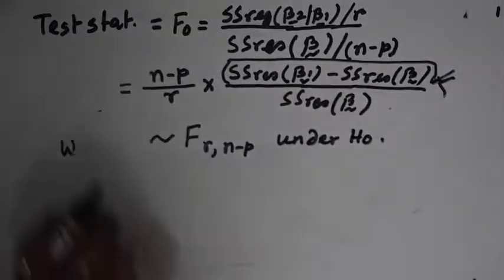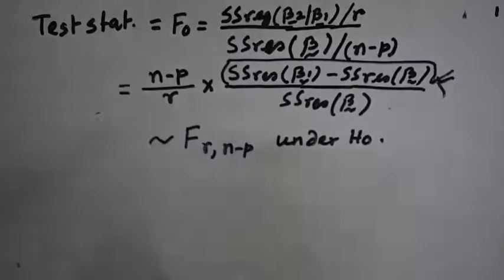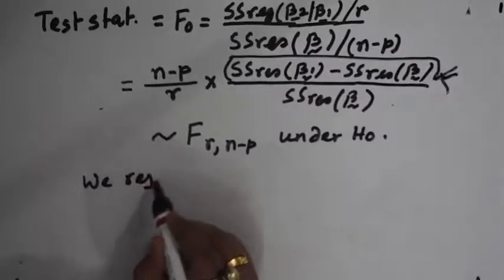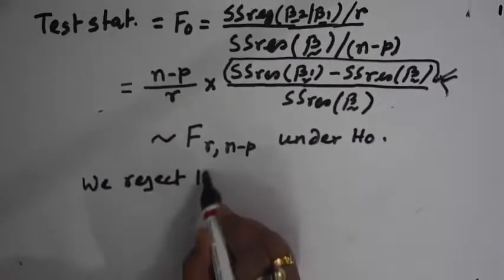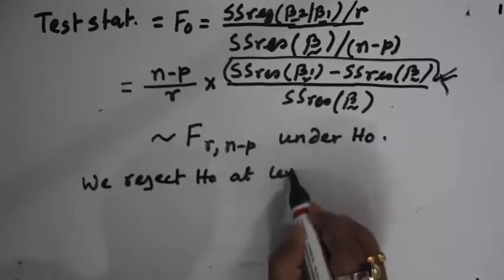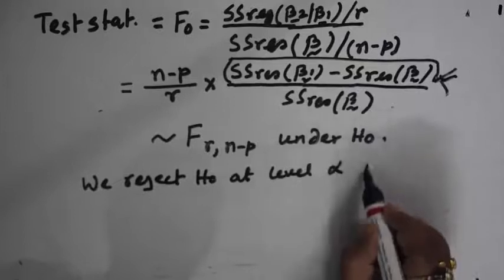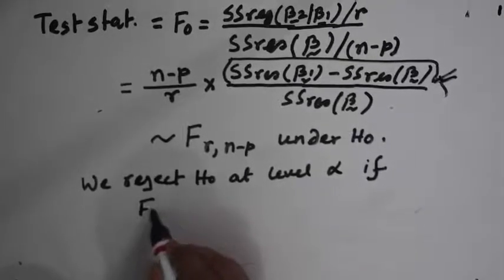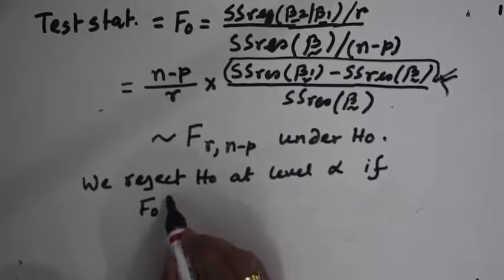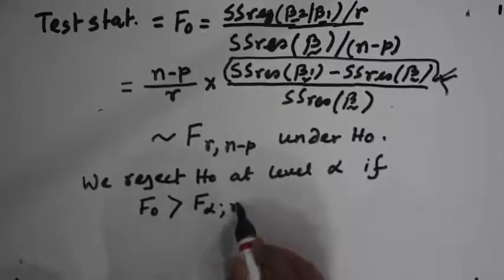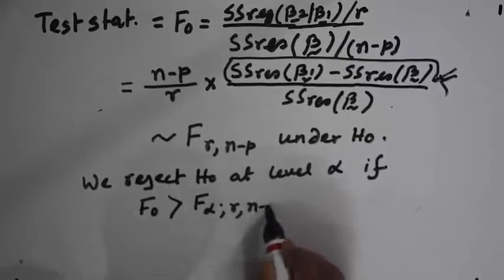Therefore, we reject H naught at level alpha if F naught is greater than F alpha, r, n minus p.